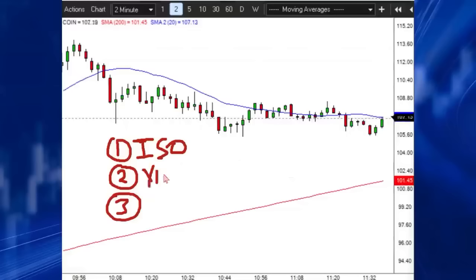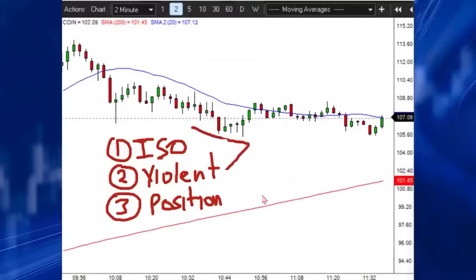The move that stops you out is violent. It's hard. It's powerful. You need a decent position. I think some people are getting these two right, but some of them are in really bad positions.